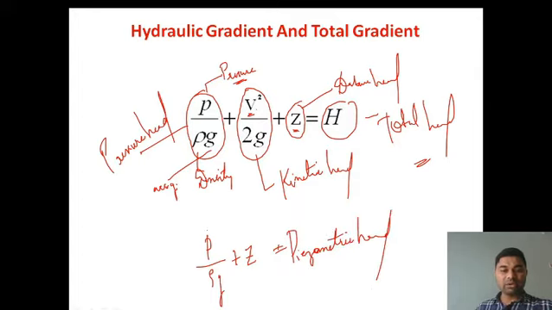Only P by rho g is the pressure head, and only Z is the datum head. Pressure head plus datum head gives rise to the piezometric head.